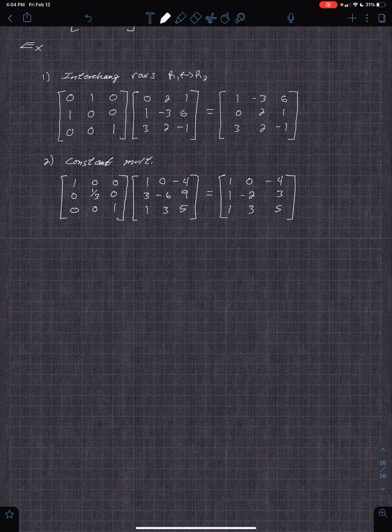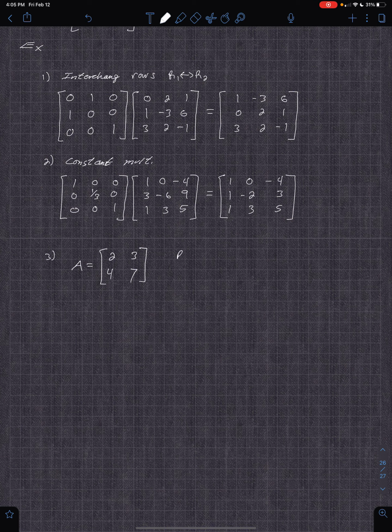All right, so next is the tougher one, right? It's the constant multiple and then add. So let's suppose, so this is 3. We're going to make it just a 2 by 2. Let A equal 2, 3, 4, 7. Like that.